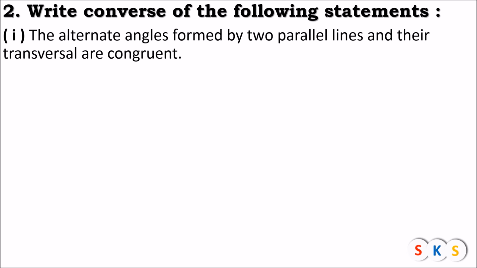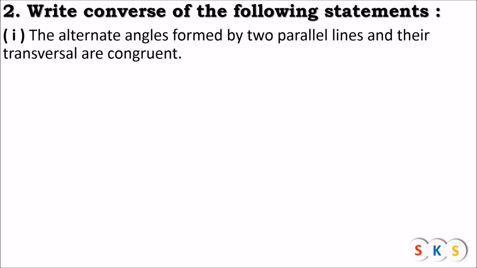So first we will write this statement in if-then form. Look at this statement. Here we have one helping verb, that is are, A-R-E. After are you can see the word congruent. The word congruent would be the consequent of the given statement. Consequent means it has to be written after the word then.